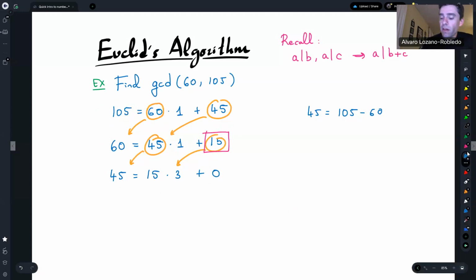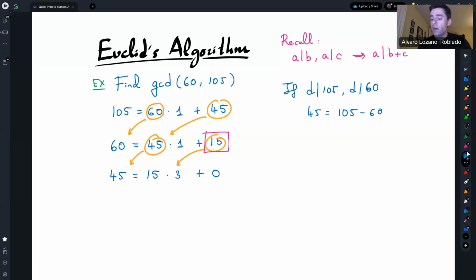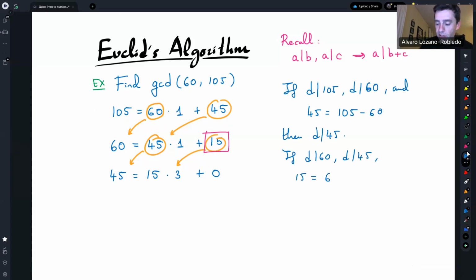So let me explain that again. If D divides 105 and D divides 60, so it's a common divisor, and we have this equation between 105 and 60, then D would divide 45. But also, if D divides 60 and D divides 45, and 15 is 60 minus 45, then D divides 15.